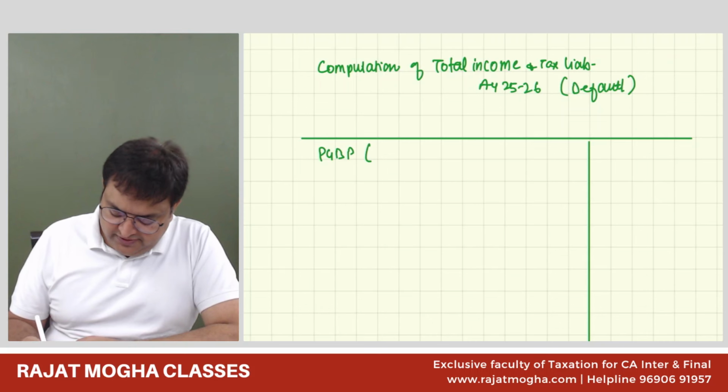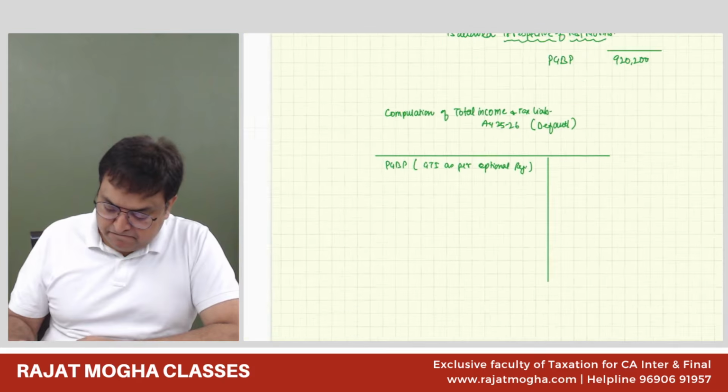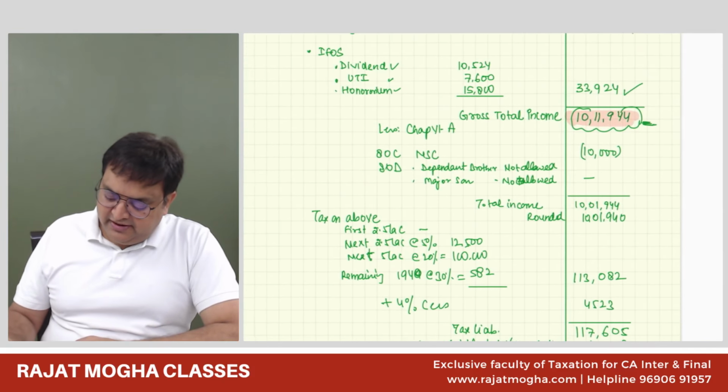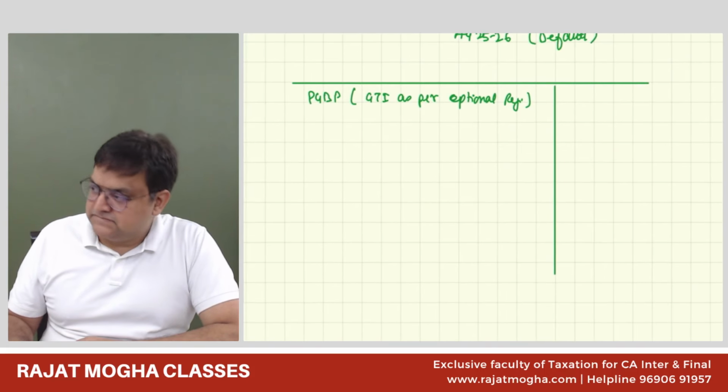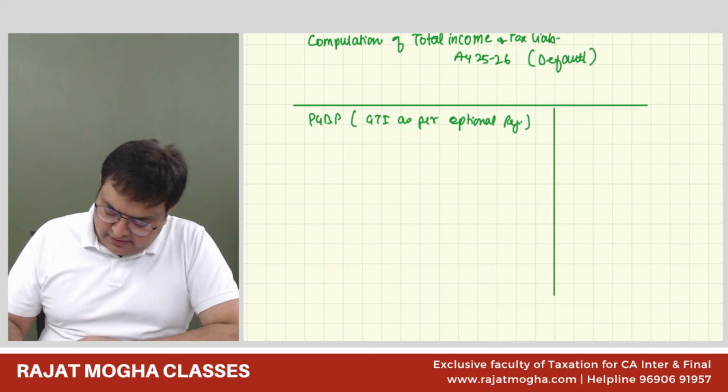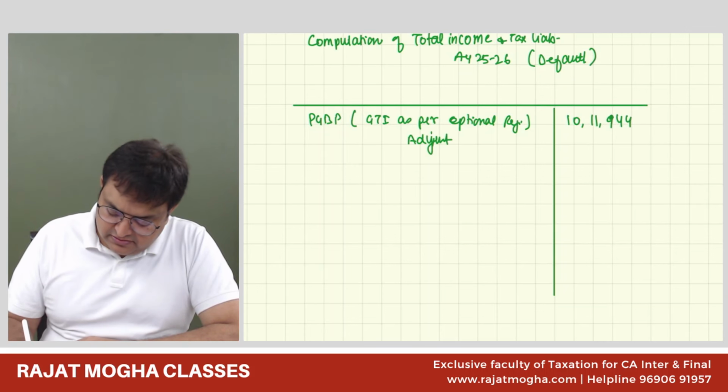GTI as per optional regime is 10,11,944. And is there any adjustment? The answer is no. There is no adjustment. So this will become the GTI as per default.